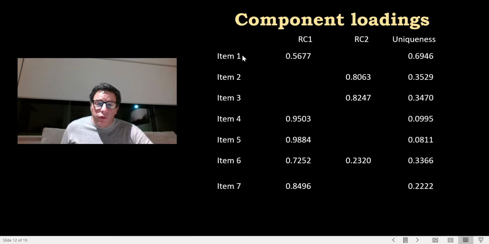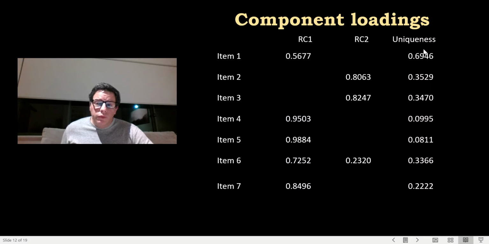We've got a list of items or variables and a list of principal components, and then we've got the loadings for each item with the components. Typically some values are not presented, and that is arbitrary. We can indicate in the software the threshold for values to be presented.